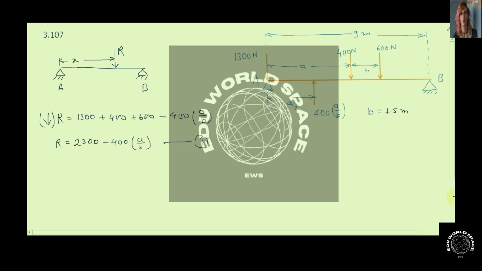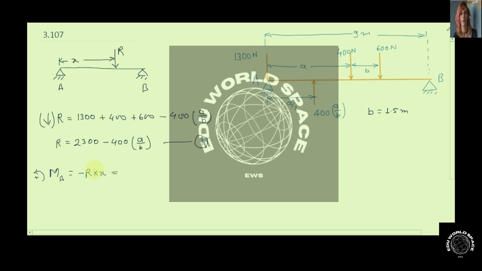Now we can balance moment in the equivalent diagram and in the real diagram about any point. So here we are going to consider the moment about point A. In the equivalent diagram, since this R is going to cause a clockwise couple and I am considering the anti-clockwise couple to be positive, this will be minus R multiplied by x.